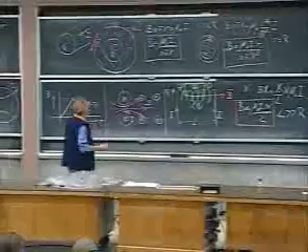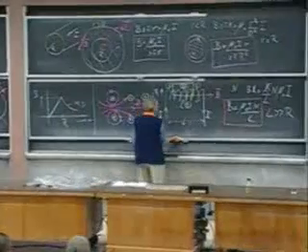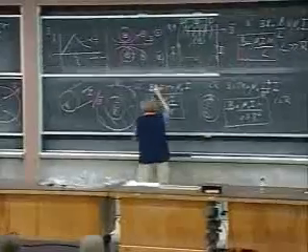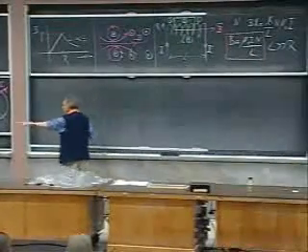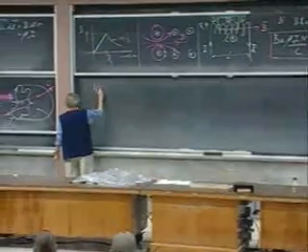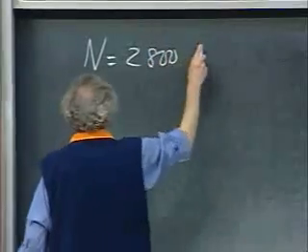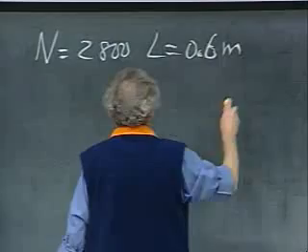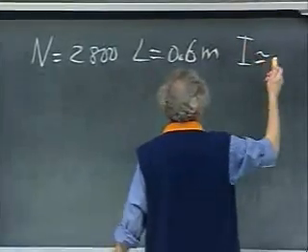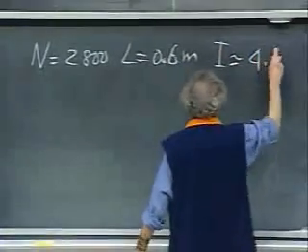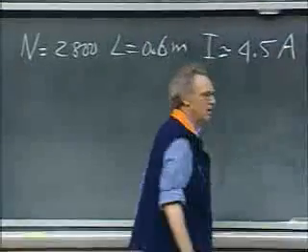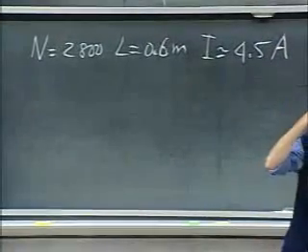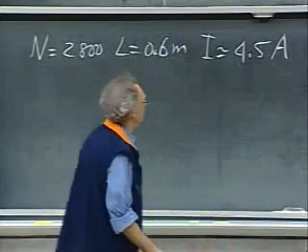I'll work out a numerical example which is aimed at a demonstration that comes shortly. We have here a solenoid whereby n is about 2800 and L is about 60 centimeters, that is 0.6 meters. I'm going to run through there a current which I really don't know yet, but it's going to be close to 4.5 amperes. We will see when we do the demonstration. I can calculate now what the magnetic field is going to be.